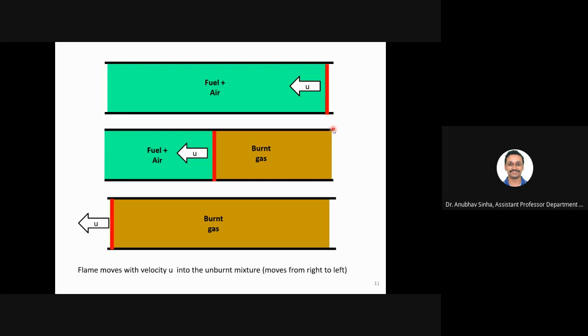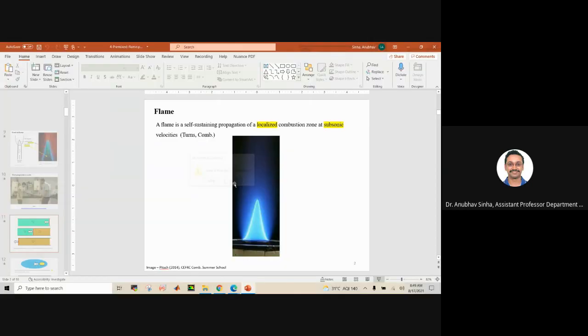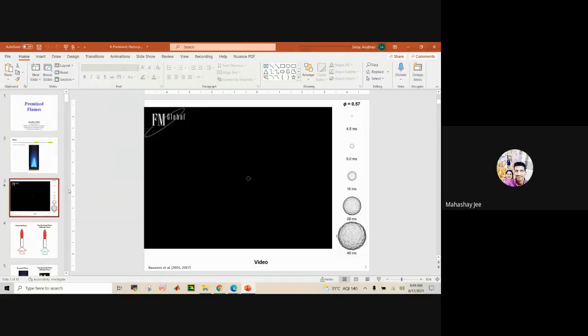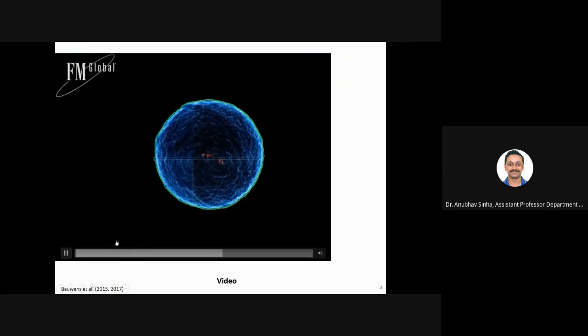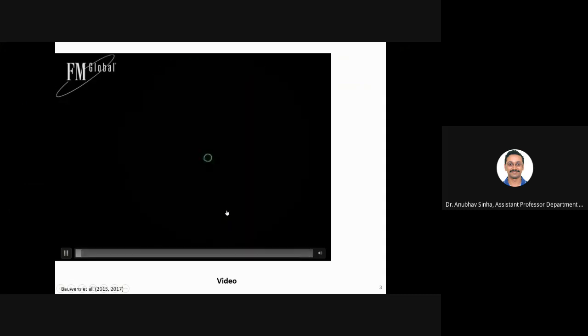If I close this tube, then it will build up some pressure and it will push the flame. That will happen in that case. Let me go back to here. Here the flame speed will keep on increasing. I will show you flame speed in the next slide.